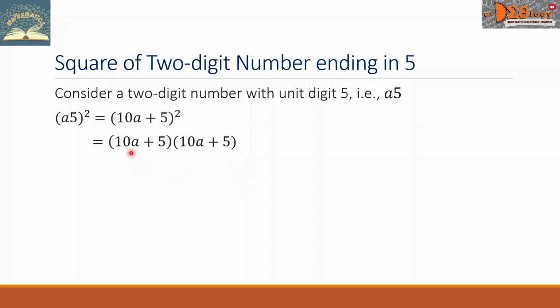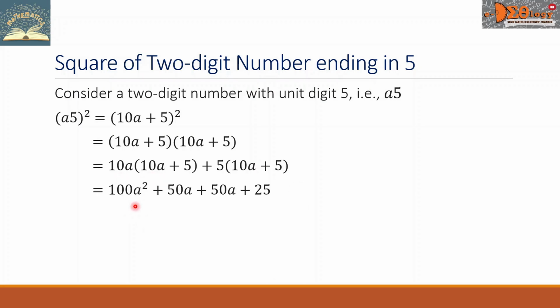This 10a we multiply to the other group plus the 5 multiply to the other group. Then let us distribute. 10a times 10a is 100a squared. 10a times 5 is plus 50a. Plus 5 times 10a is 50a. Plus 5 times 5 is 25.